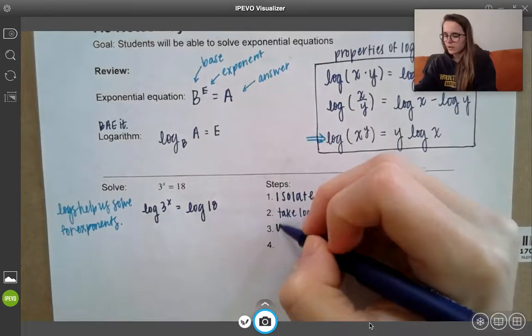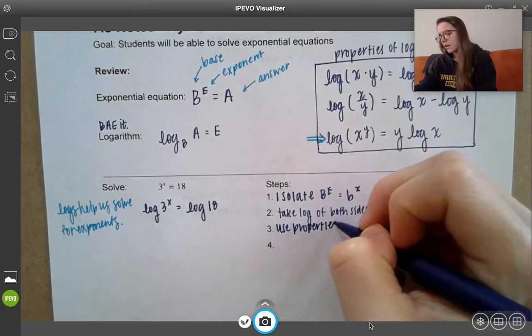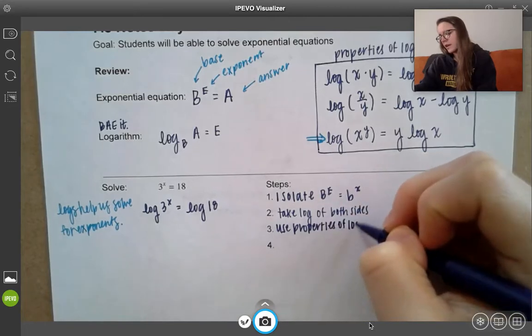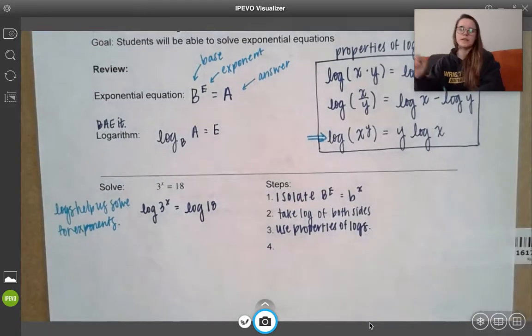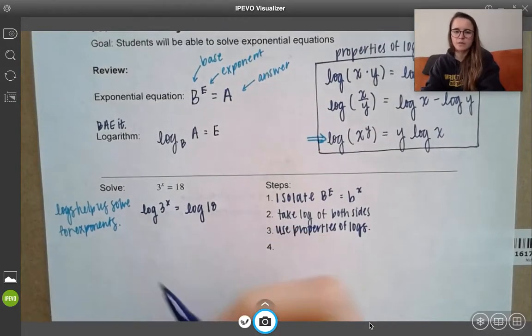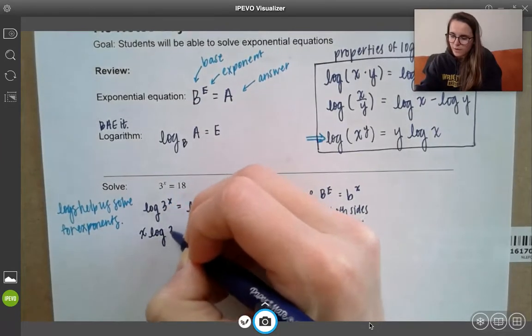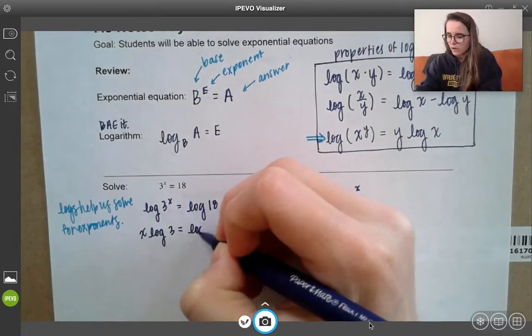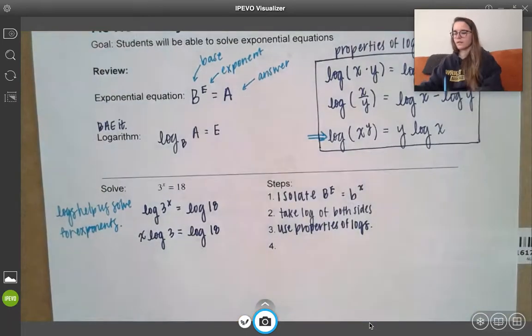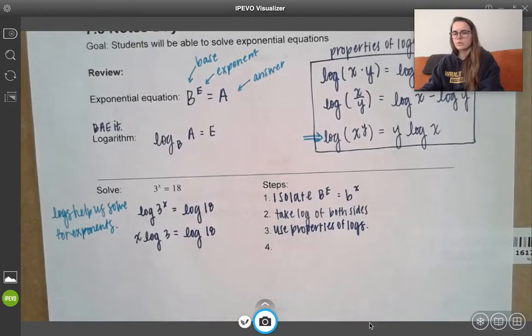So then we use properties of logs if needed, which is needed because we have an exponent here, so that can move out to the front. So this is going to become x log of 3 equals log of 18. That's the only rule that we can use, so we'll just stop there.